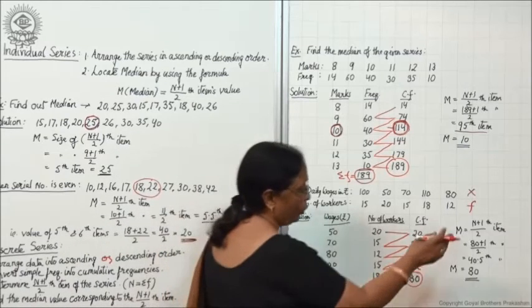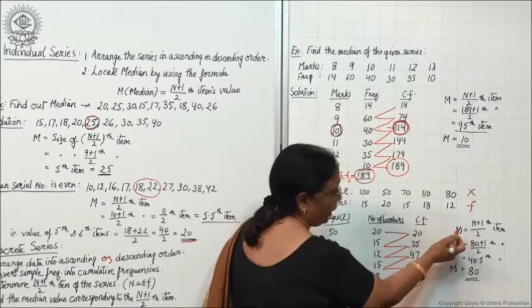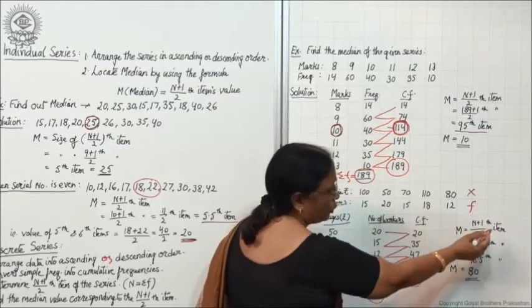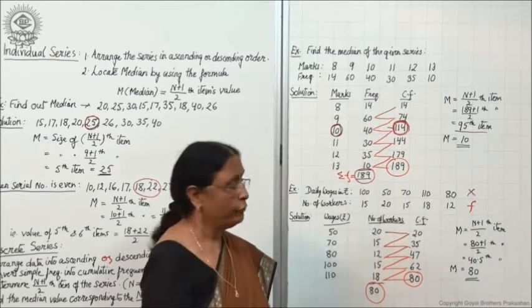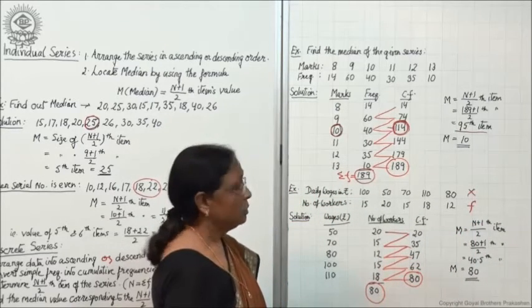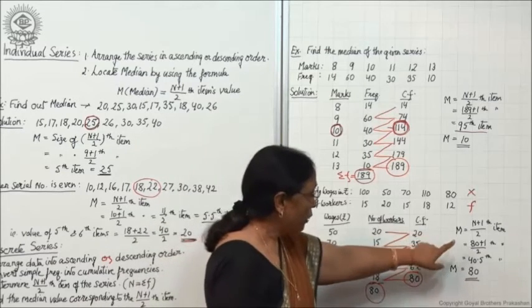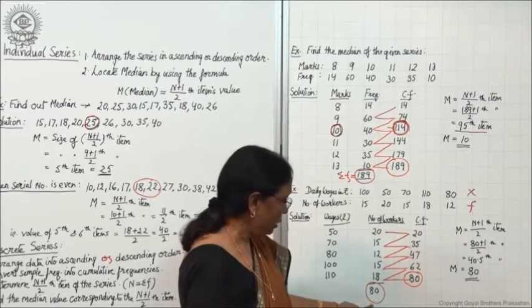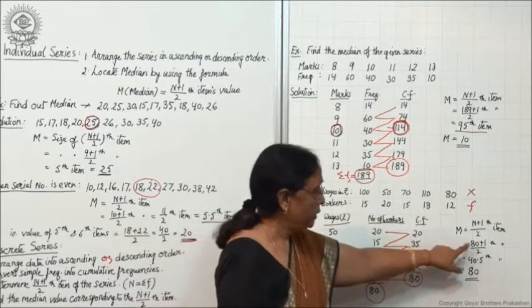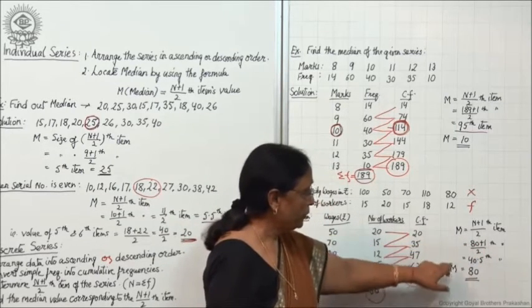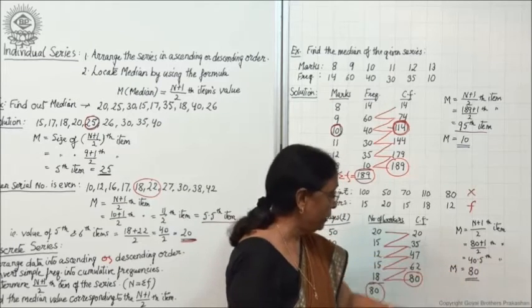After this you have to apply the formula. M is equal to (n plus 1) upon 2th item. This is the regular formula for individual series as well as discrete series. Now what is n over here? That is 80. 80 plus 1 upon 2th item, that is the 40.5th item.